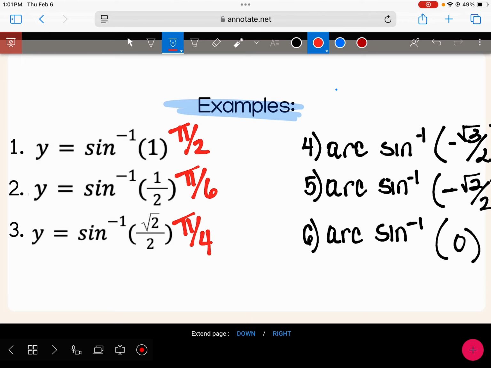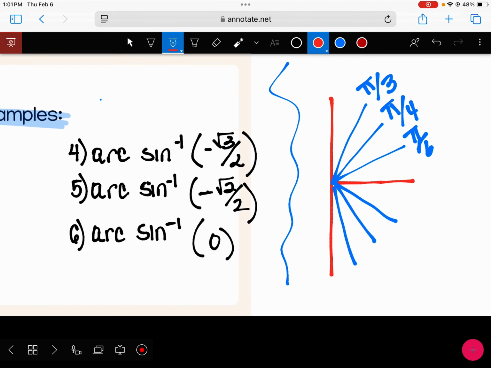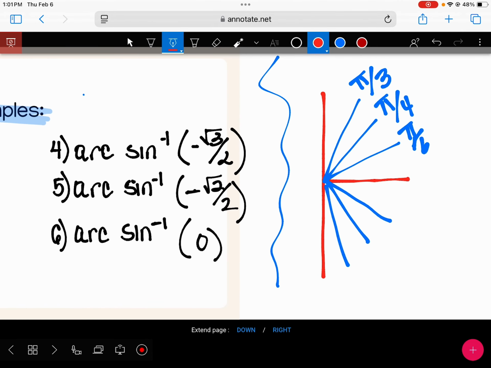All right, so copy down these next 3 if you haven't already. These are where it gets a little tricky, and this is why I want to talk about this one. So I added these. I know Tamaya, you have her notes, but I added 4, 5, and 6, so you might want to write those in.